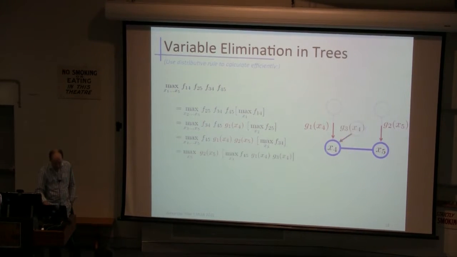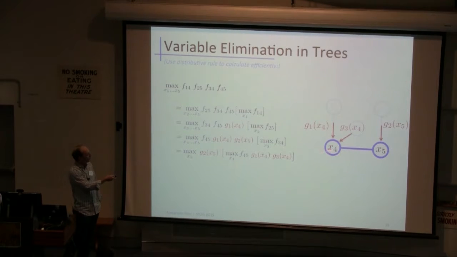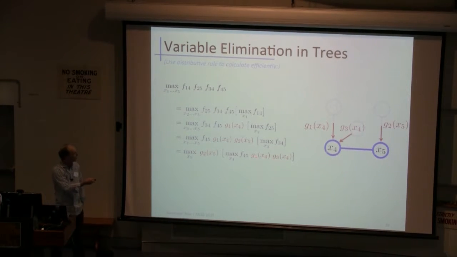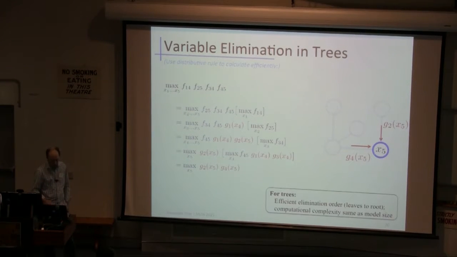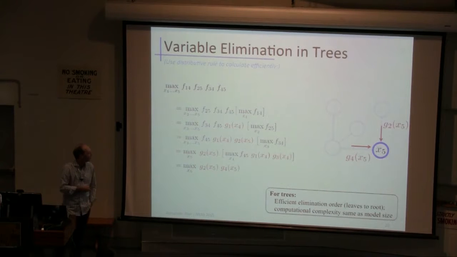And as we proceed, for example here, when we want to eliminate x4, we collect together all the factors that involve x4. So here we have two singleton factors stemming from our previous eliminations and one pairwise factor, f4,5. And eventually we end up with an elimination over all the variables.